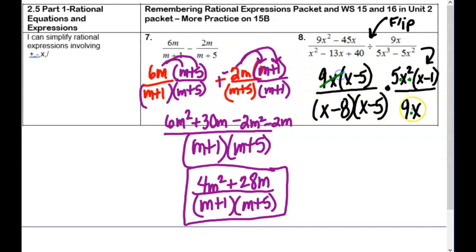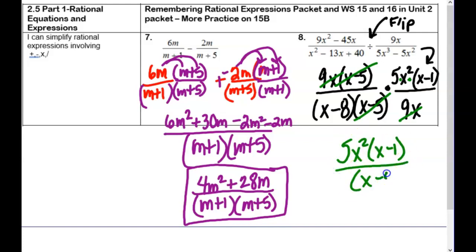I would just do this whole 9x with this whole 9x, right? But just so you're aware that it's okay to divide out any part of that. If it's in a parenthesis, it's a binomial, it has adding and subtracting, then you can only divide out if you can divide the whole thing. All right, so I'm left with a 5x squared and an x minus 1 over an x minus 8, unless I messed up. Questions? You can get those?